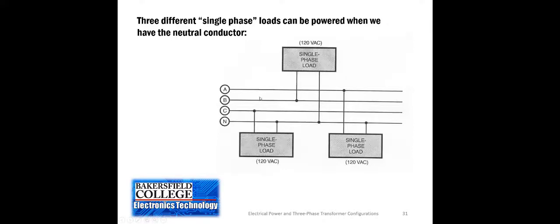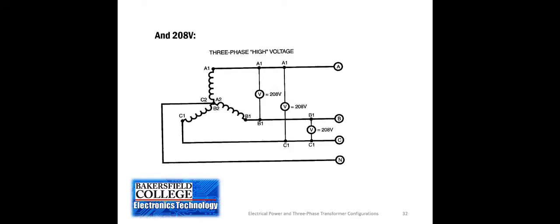And each of those 3 phases is 120 degrees from the phase next to it. So there is a formula that you use, but we're not going to cover that for this part of our class. Here's the 208. Remember, if we go across the line voltages, we get the high voltage.